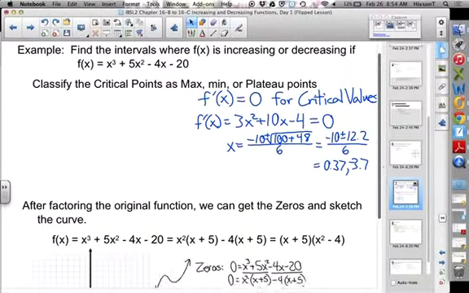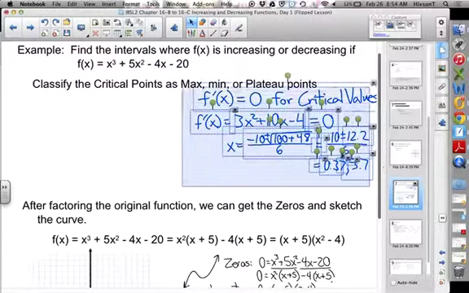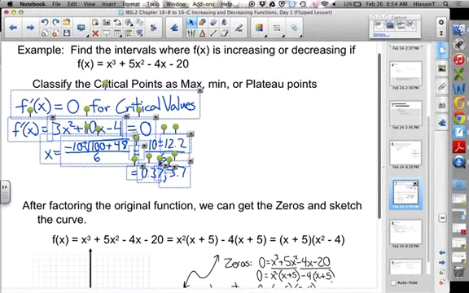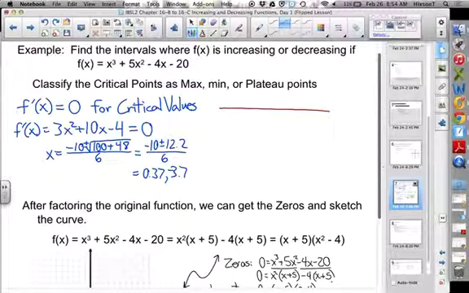So, this part we already did. Now, let's actually use that. We talked about a sign diagram, okay? The sign diagram, we're going to put our negative 3.7 here and our 0.37 here, and this will help us indicate which intervals our function is increasing or decreasing on.